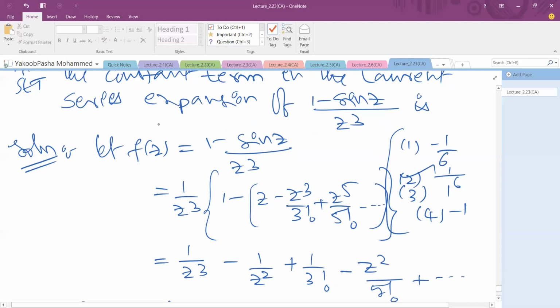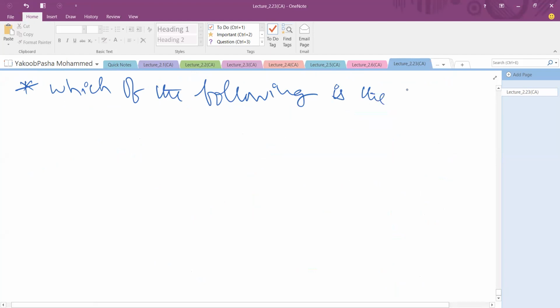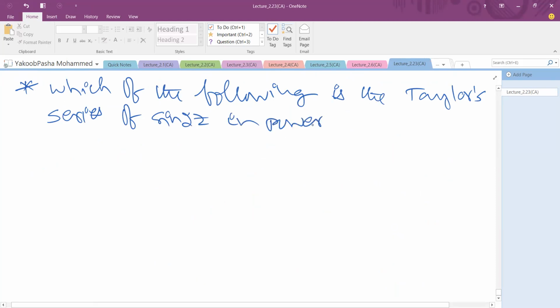Which of the following is the Taylor series of sin 2z in powers of z minus pi?